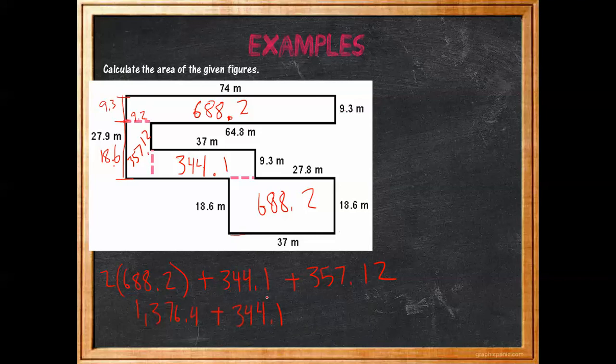So 1,376.4 plus 344.1 plus 357.12 equals 2,077.62. So the area of this whole figure is 2,077.62 meters squared.